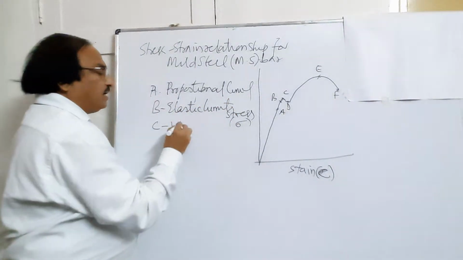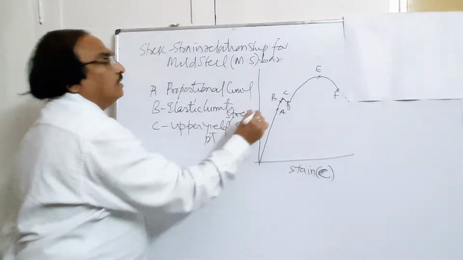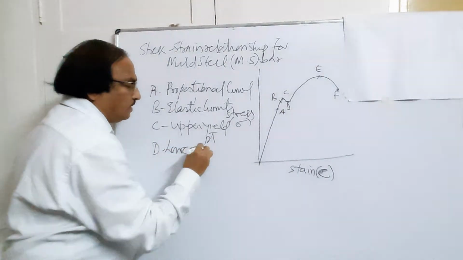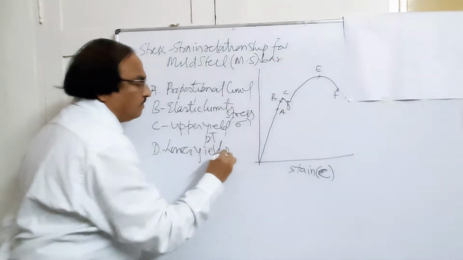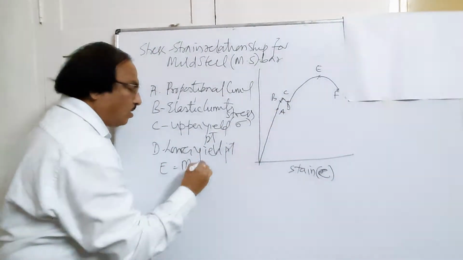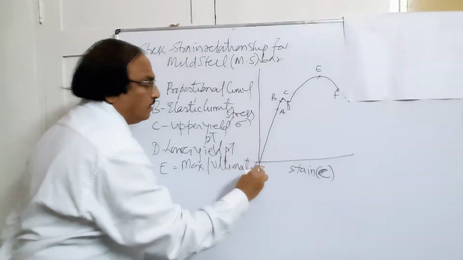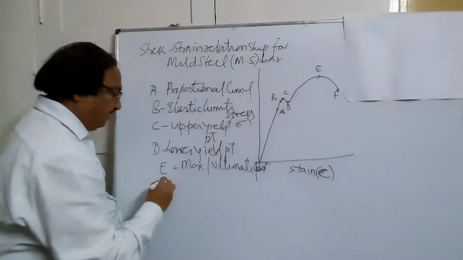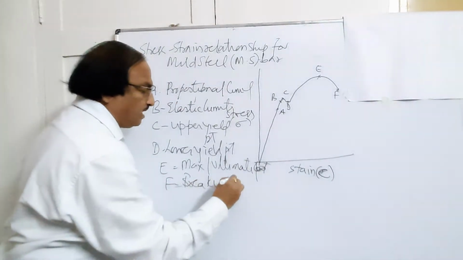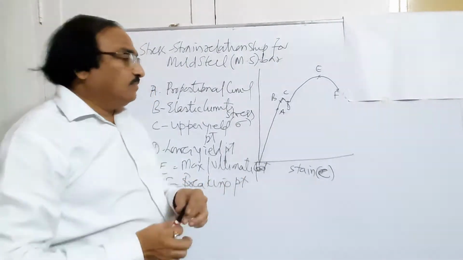C is the upper yield point, and D is the lower yield point. E is the maximum or ultimate load point, and F is the breaking point. So these are the points that you come across in a mild steel bar.